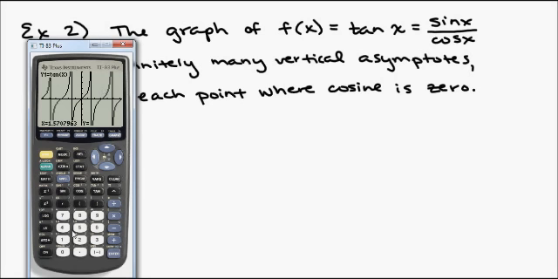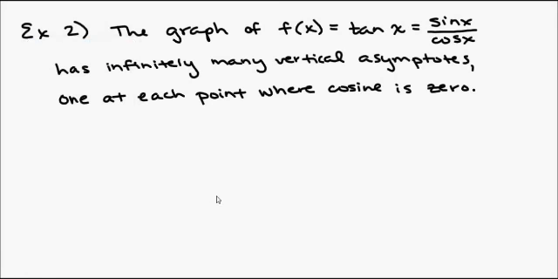And then on the unit circle, cosine is 0 again at 3 pi over 2, and that's undefined again. Those are pi apart. So basically, anytime you have an odd integer multiple of pi over 2, you're going to have an asymptote.